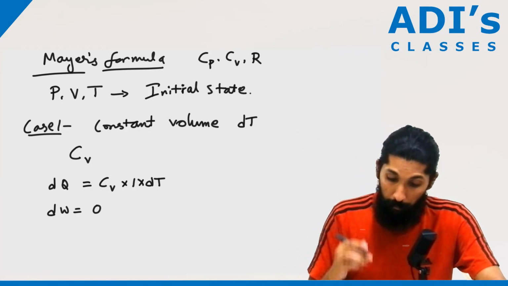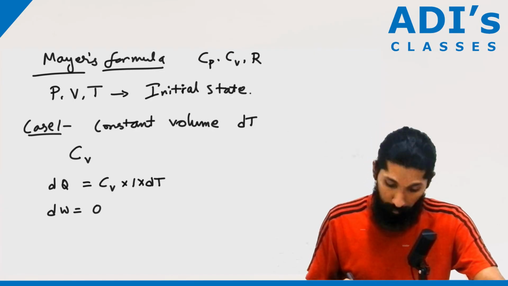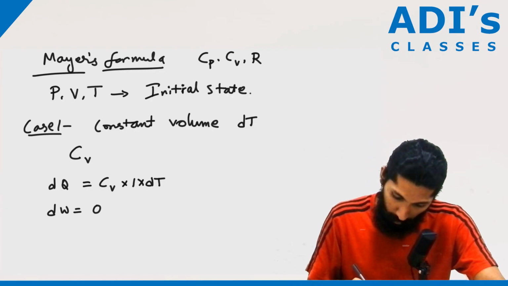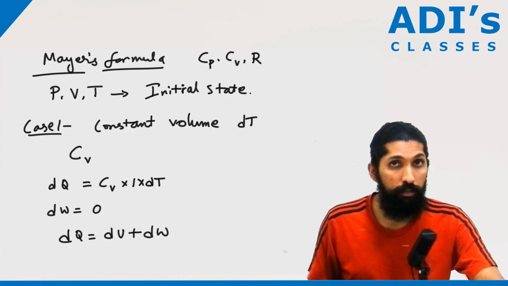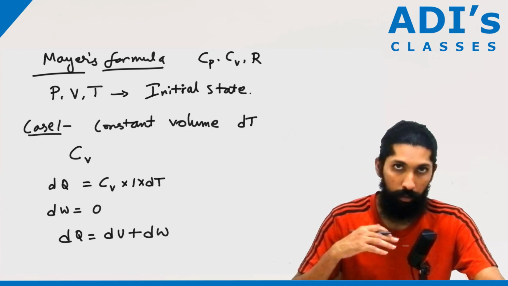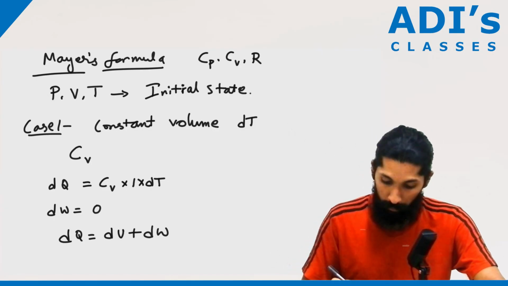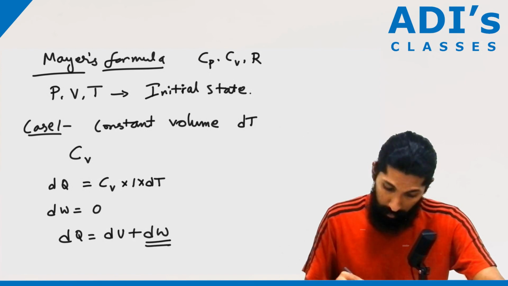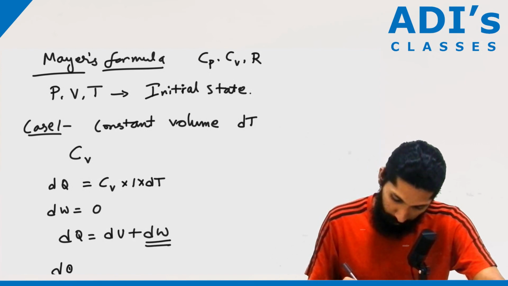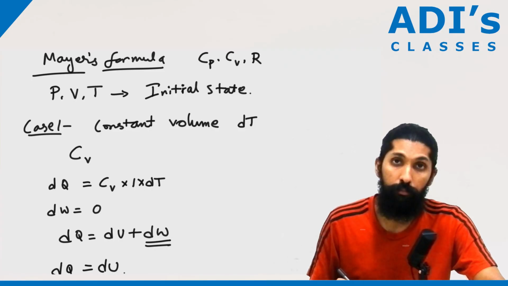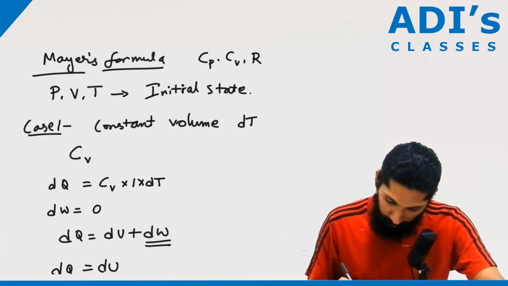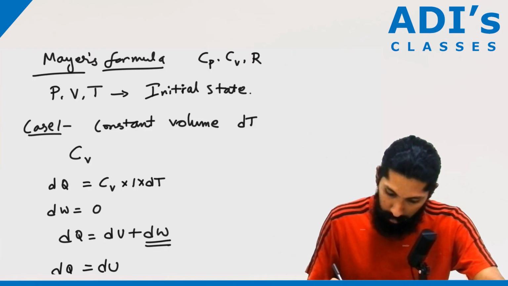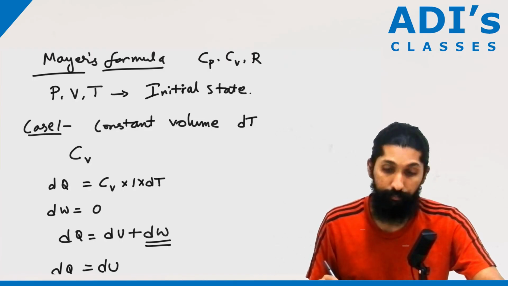By the first law of thermodynamics, dq is equal to dU plus dW, or delta q is equal to delta U plus delta W. dW is 0, so dq is equal to dU, or dU is equal to Cv dT. Let's call this equation number 1.